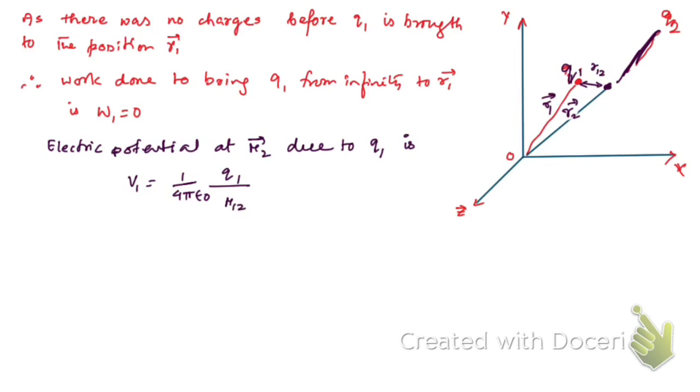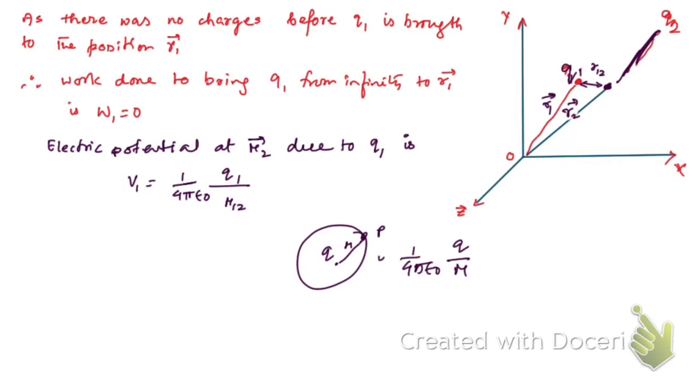We know that the potential at a point P due to a charge Q is given by, if the distance of this point from this charge is suppose R, then here the potential is given by 1 by 4 pi epsilon naught Q by R, right?